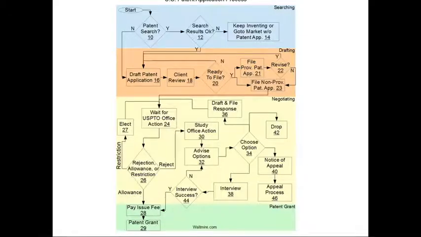You might also, in choosing your options, go through an interview route where you can talk to the examiner and maybe explain to him a little bit better what you meant by your invention. Maybe he didn't quite get it, and if you can demonstrate to him through an interview what this is all about, maybe his lights will go on, and that might help your case.